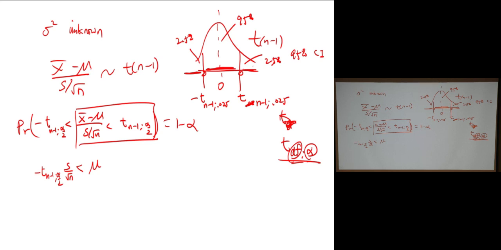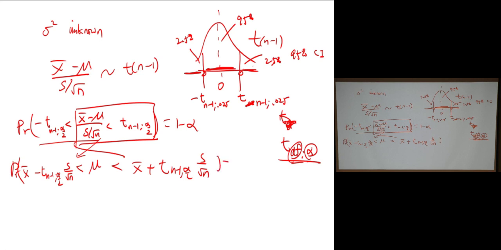Then x bar minus mu, I add mu, so that the mu is here. X bar, no change, it stays there. From this inequality, I got this inequality. Just remember, you try to arrange it so that mu is on one side of the inequality, then the rest of the terms move to the other side. Similarly, for this part, that will give you x bar plus t n minus 1, alpha over 2, s over root n. And the probability of this one is 1 minus alpha.